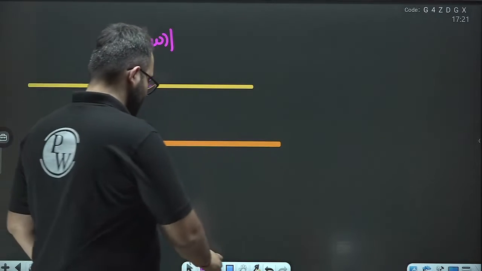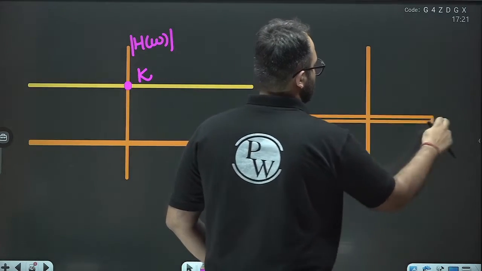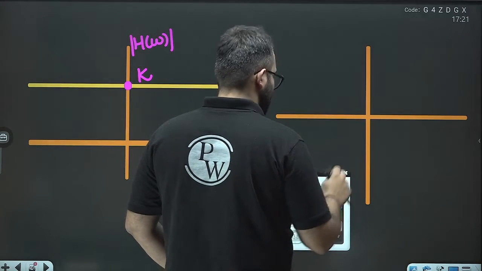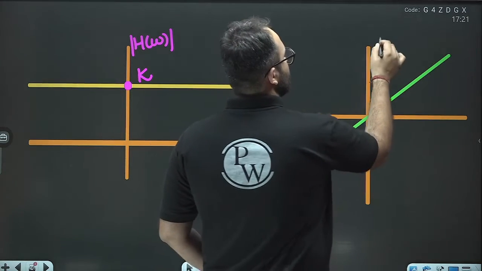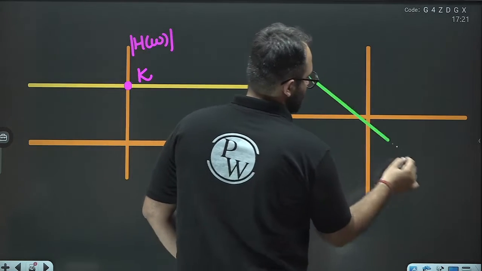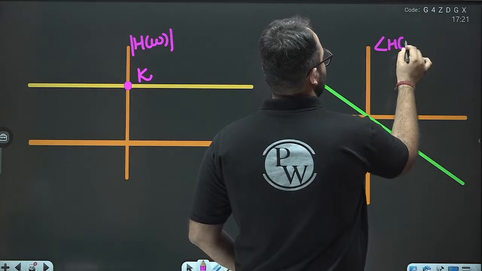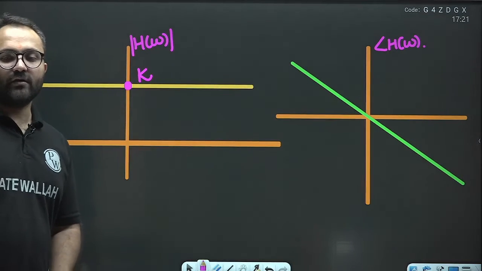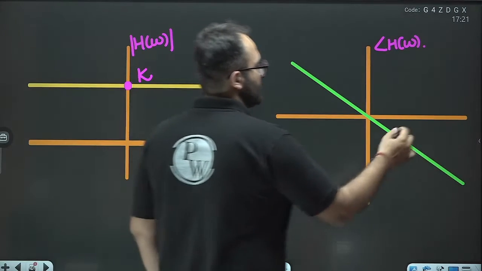And the phase response is linear. Sorry, it will be like negative, it will be like this. So phase response is linear like this. Okay, so this is all for the distortionless system. Both are with respect to omega.